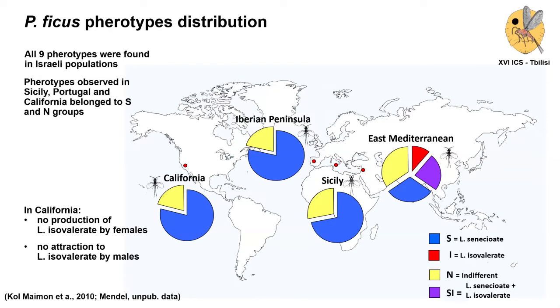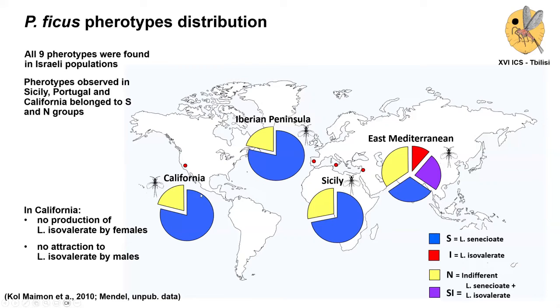So for example, this is the relationship of our different groupings to pheromones. The pheromone we've got is lavandulyl senecioate, and that's in blue. We're all responding to that. California, Iberian Peninsula, southern Italy. But look here in the Eastern Mediterranean, there's a group that responds to that, a group of males, but a group that doesn't respond, that's indifferent.